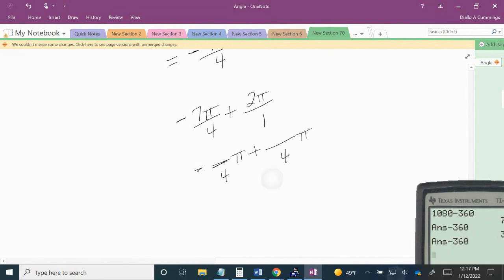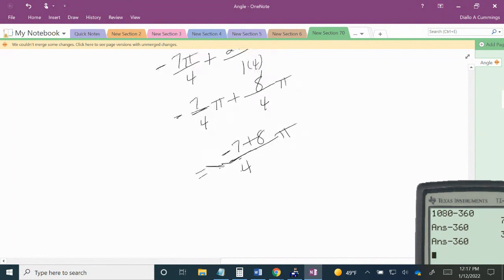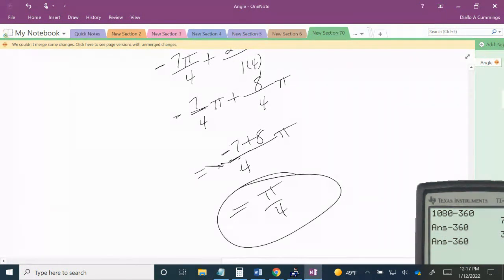All right, for my first fraction, it stays the same. For my second fraction, that 1 was multiplied by 4 to give us the least common denominator. We multiply the top by 4. So now we keep our common denominator. We combine the numerators. And we have pi over 4 as a result.